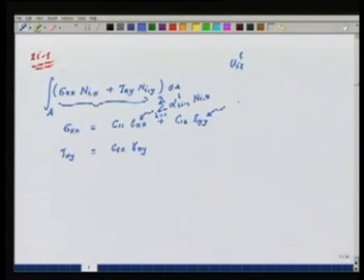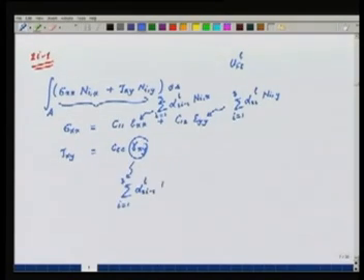Similarly, eyy will be the sum over I equal to 1 to 3 of alpha 2i in the element times N I comma y. And similarly gamma xy will be the sum over I equal to 1 to 3 of alpha 2i minus 1 in the element N I comma y plus the sum over I equal to 1 to 3 of alpha 2i in the element N I comma x.